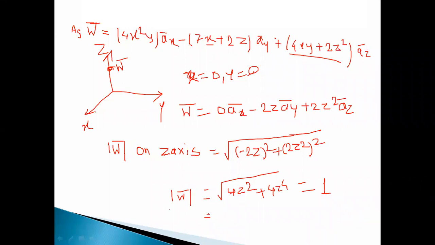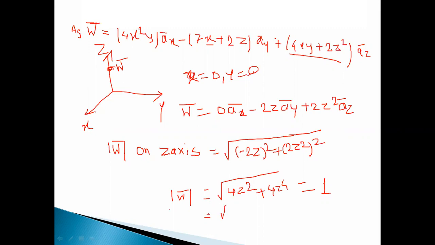Here you can take the 4 common, and its square root will be 2. You can take the square of this.